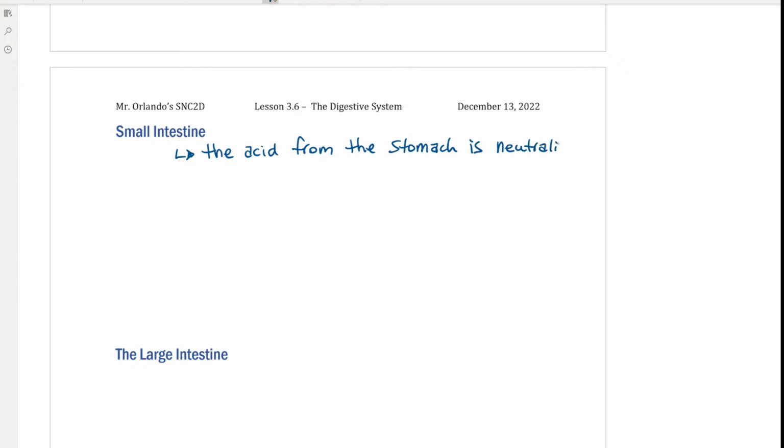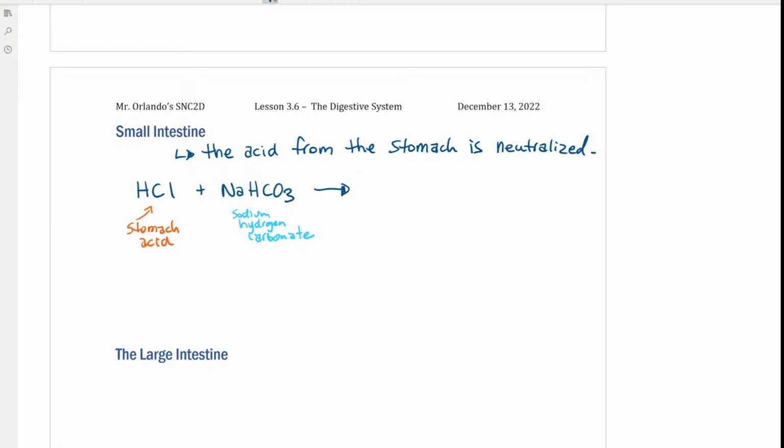I'm going to give you a chemical reaction, and I want you to see, not right now, if you can figure it out, where HCl is stomach acid, hydrochloric acid, and your body releases something called sodium hydrogen carbonate to neutralize it.